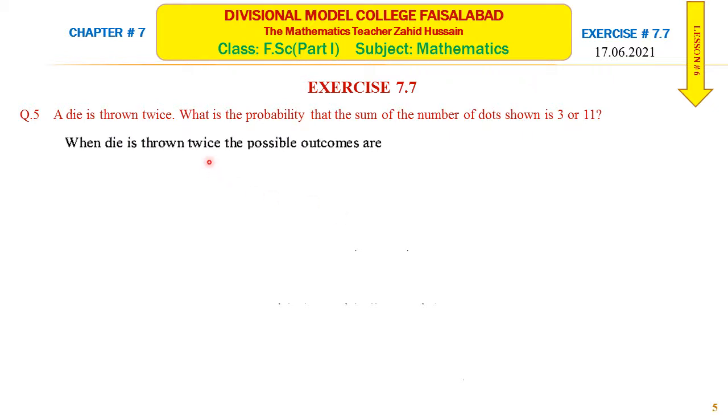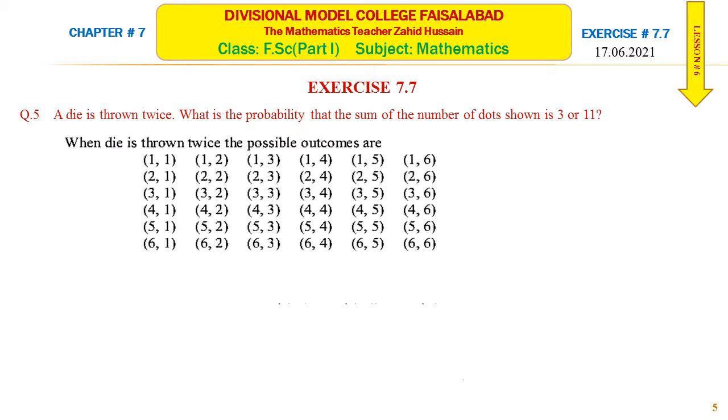When a die is thrown twice, these are the possible outcomes. If the first throw shows 1, then the second throw may be 1, 2, 3, 4, 5 or 6. If the first throw is 2, then the second throw may be 1, 2, 3, 4, 5, 6. If the first throw is 3, the same.